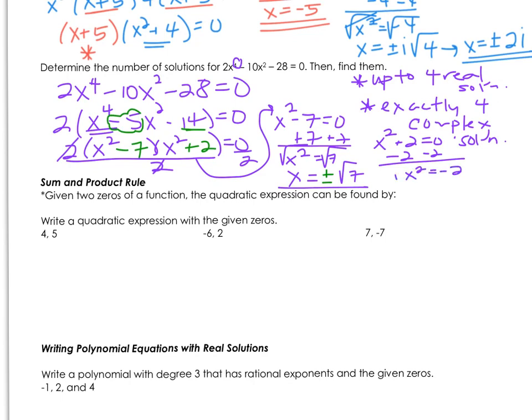And when we take the square root of a negative number, just like up above, we're going to have plus or minus, we're going to have i, and the square root of 2 in this solution set doesn't simplify either. We have 4 total solutions, 2 that are real and 2 that are imaginary, all falling under that complex category.